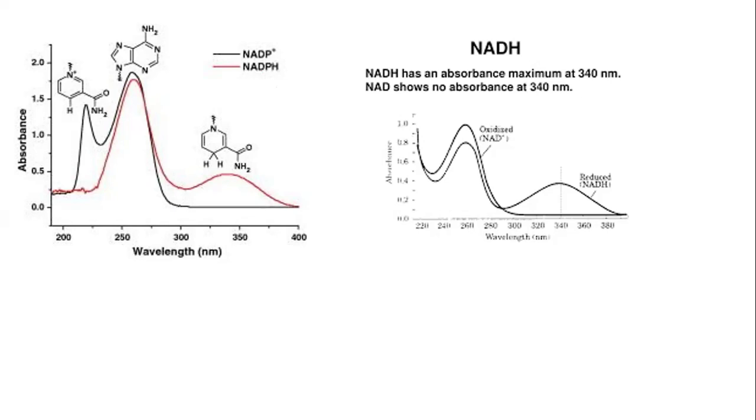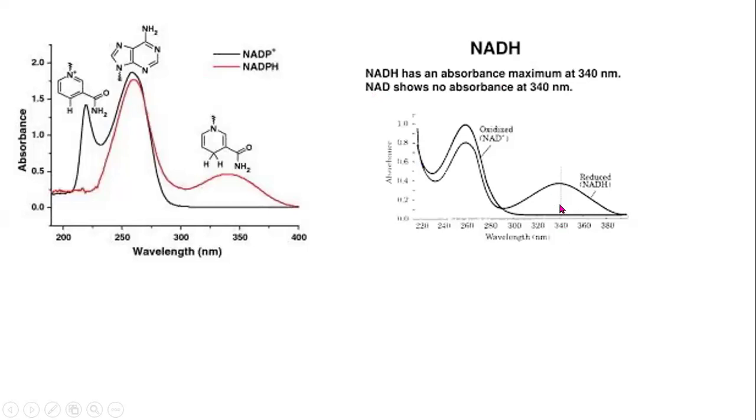The reduced forms, NADPH and NADH, as coenzymes required by some enzymes to carry out their activities, have a maximum absorption at a region of 340 nanometer. So the oxidized form does not have such absorbance at 340 nanometer.